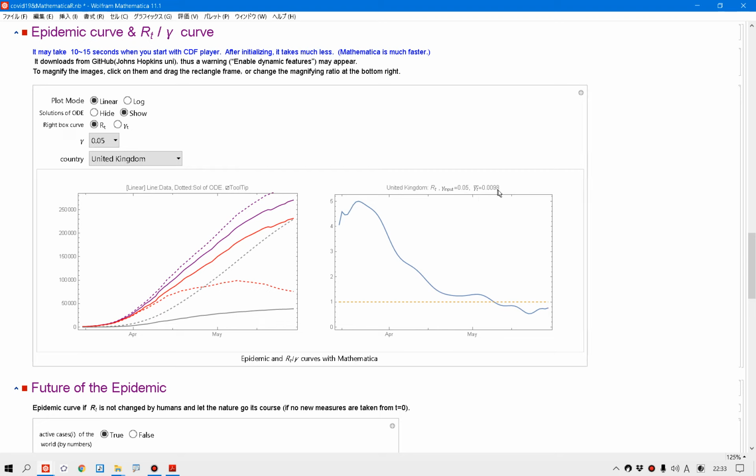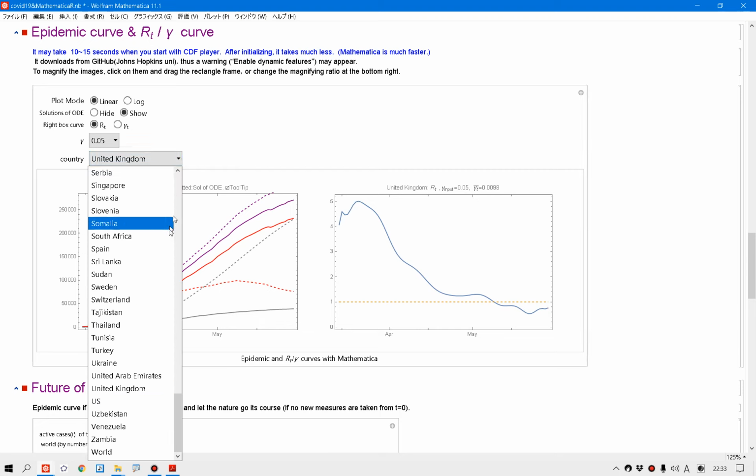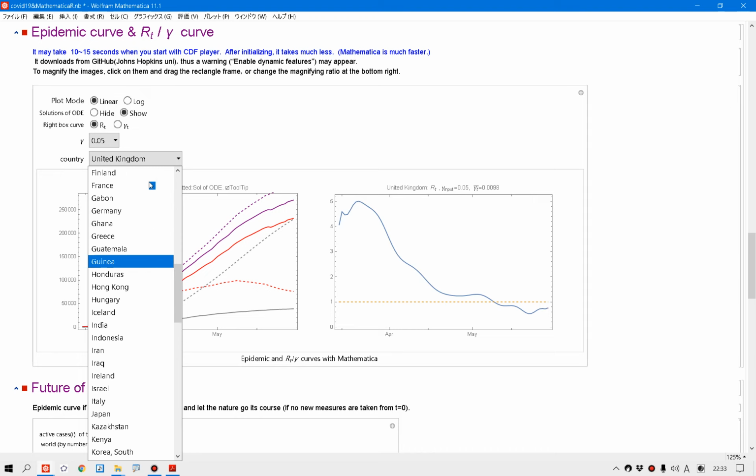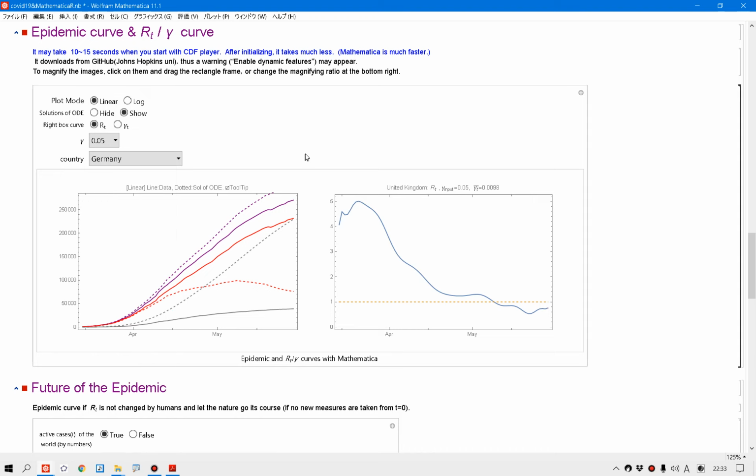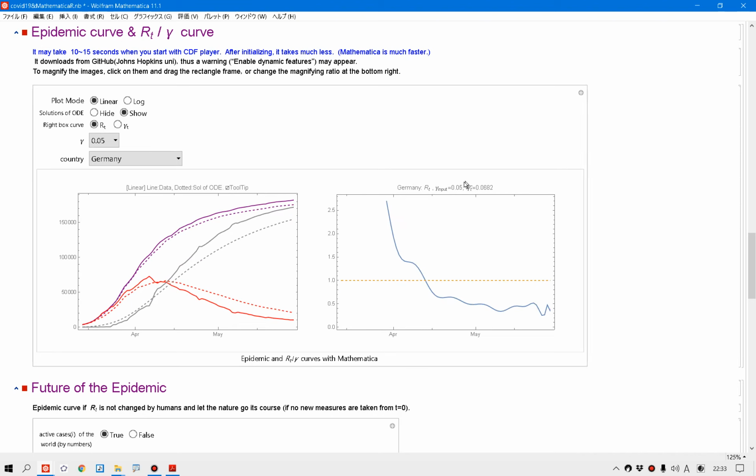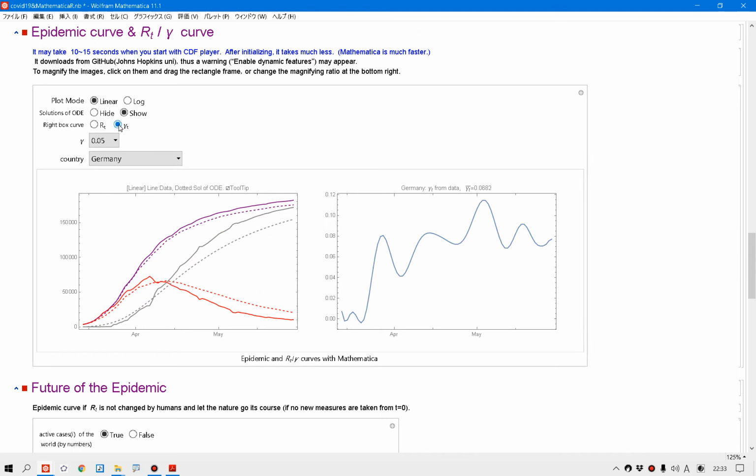Gamma t is very, very little. So next, Germany. In Germany, gamma t equals 0.068. Let's see gamma t. In the early stage it's very strange, but I think it's because there is not enough data.